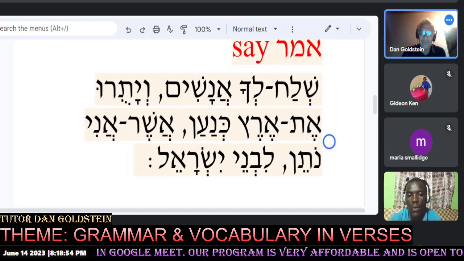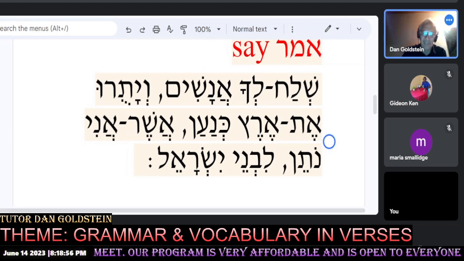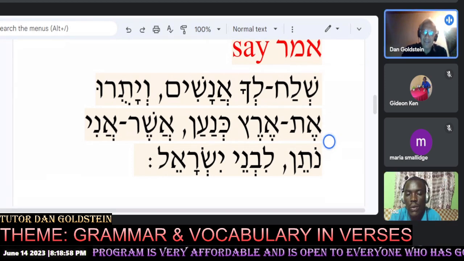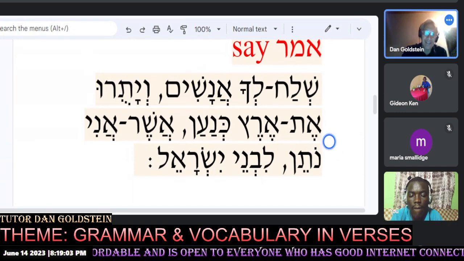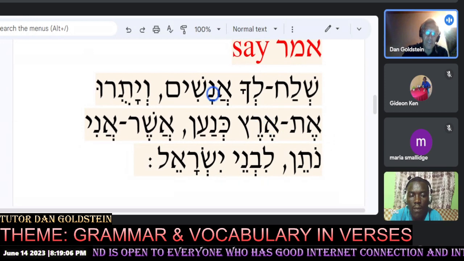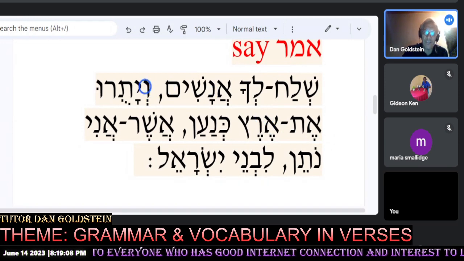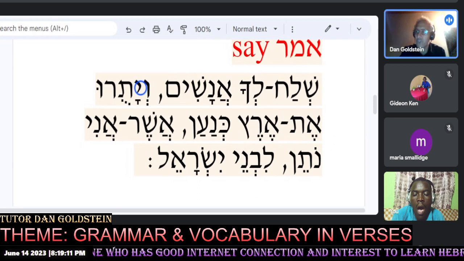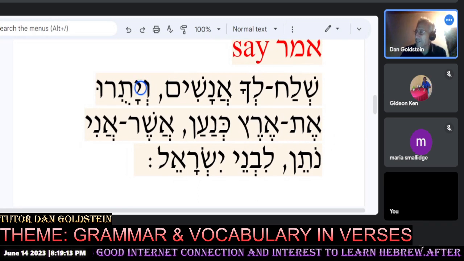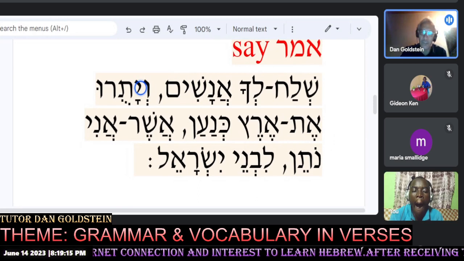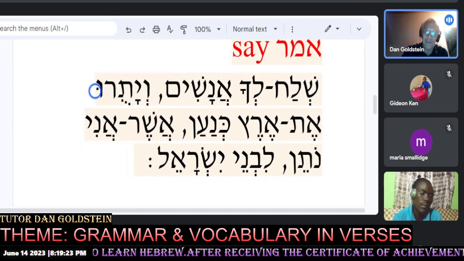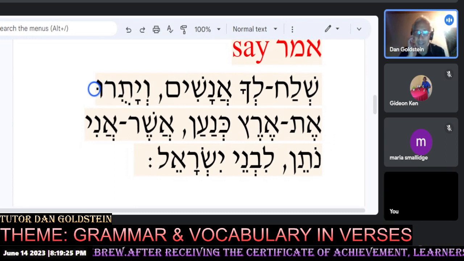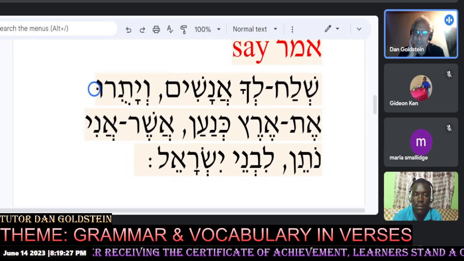And they shall spy. The vav means and. The yud is the indication of the future tense. Yaturu means they will spy, or they shall, or let them spy.